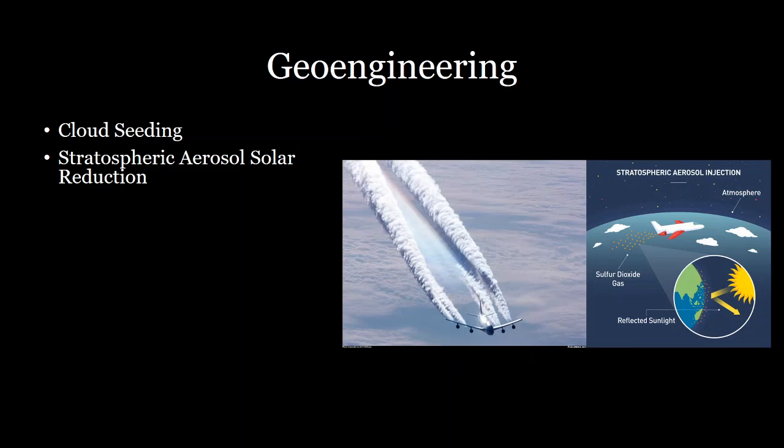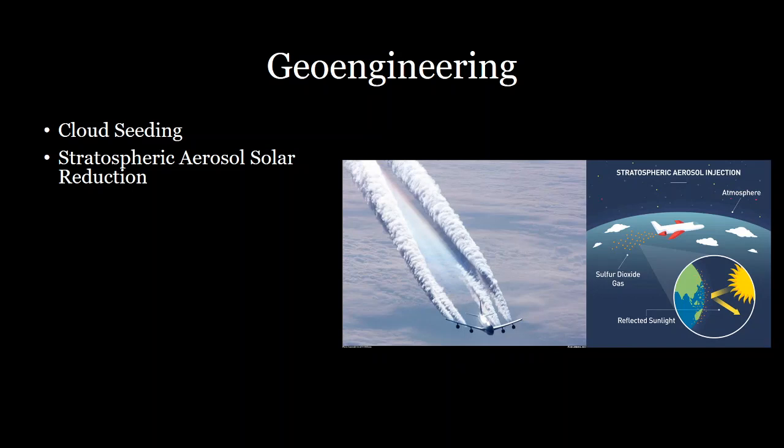This is the same thing that a volcano might do by pumping out a huge amount of sulfur dioxide gas into the stratosphere. Remember, that's the second layer above the troposphere. Then a volcano tends to reduce the temperature of the Earth, at least temporarily, until those aerosols fall out.